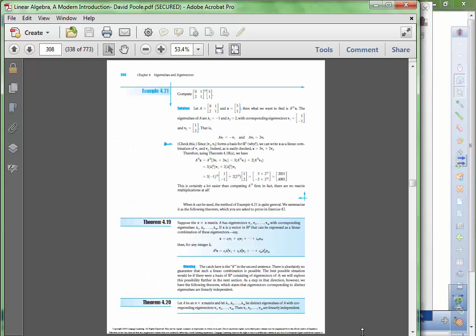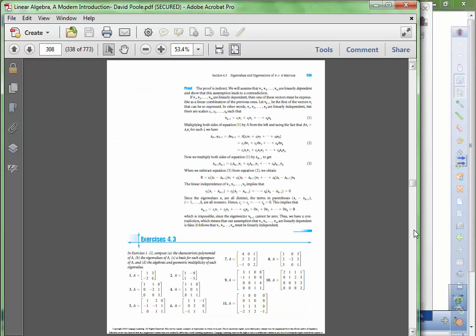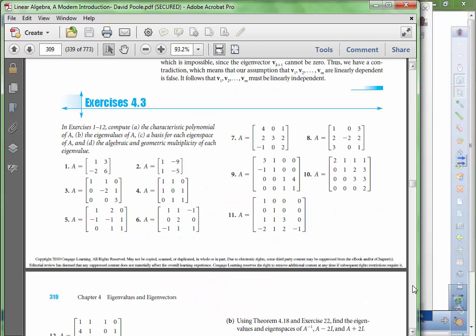See if we could take that book and find some examples. Let's do number 2.